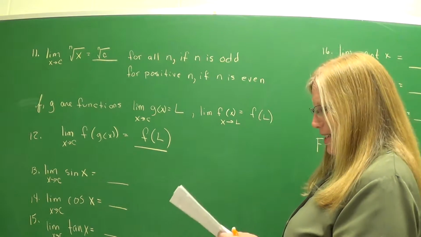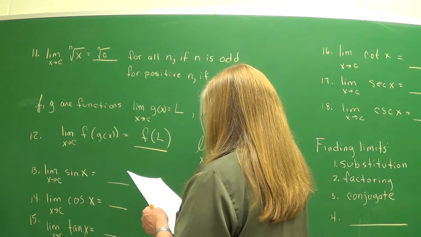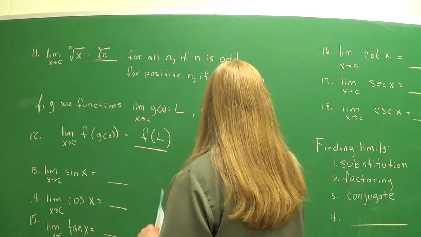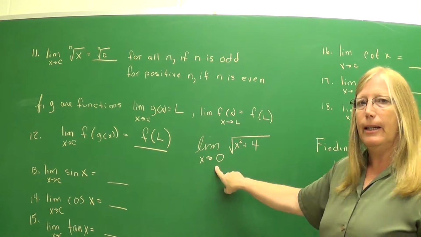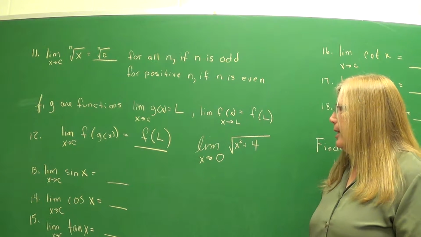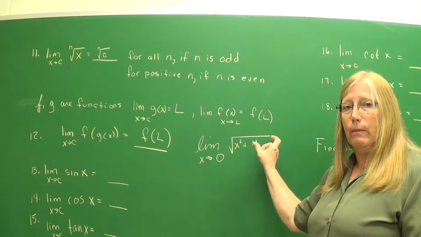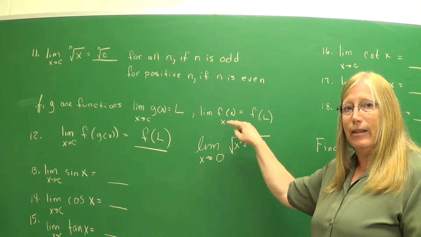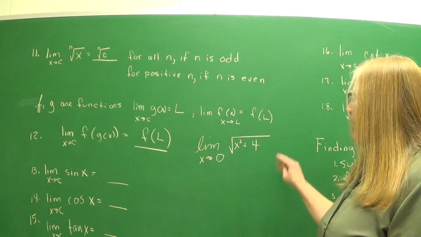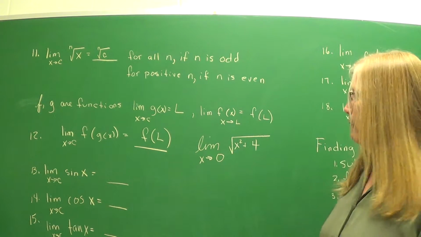So let's look at one in practice. Say the limit as x approaches 0 of the square root of x squared plus 4. This is a composite function. It has the function x squared plus 4 inside another function, which takes the square root of that. So whenever you have a two-step or multi-step process, you're dealing with composite functions.